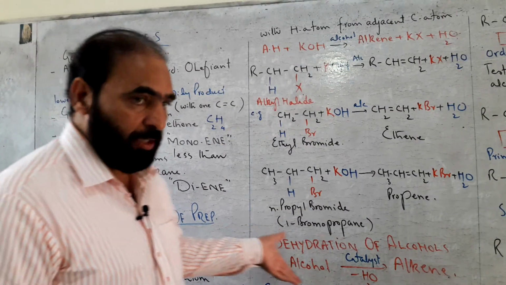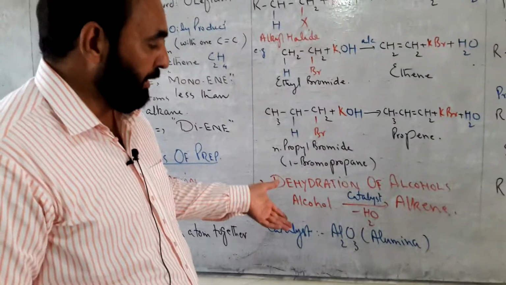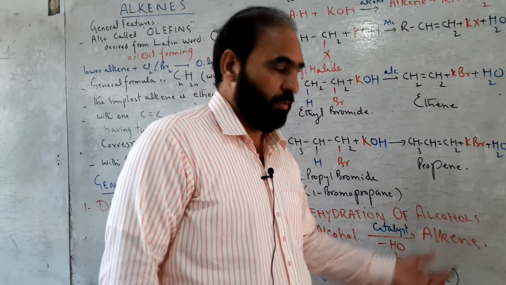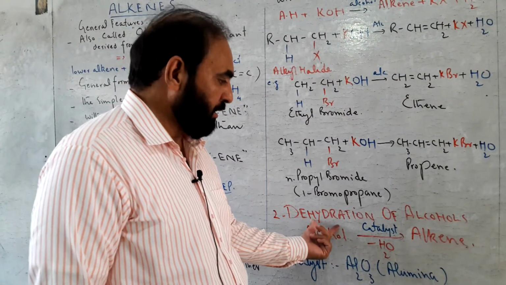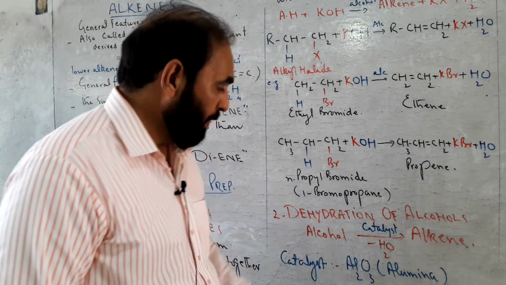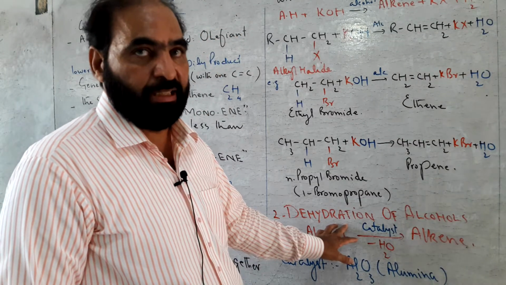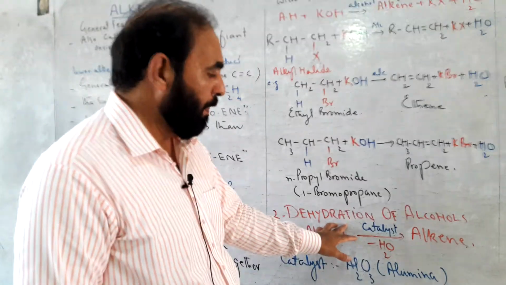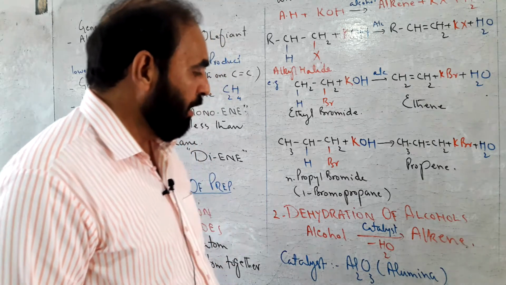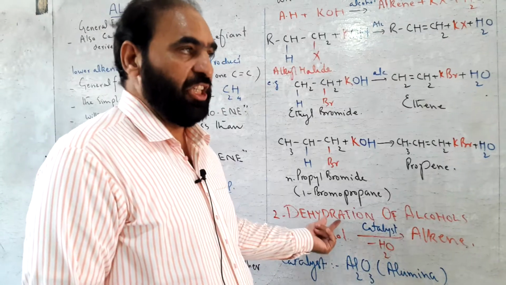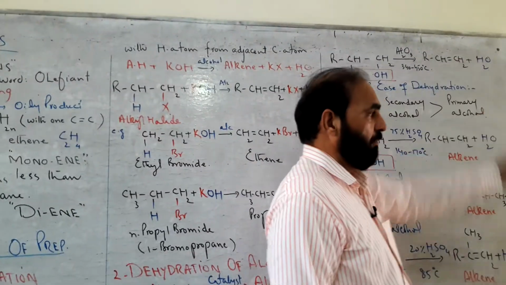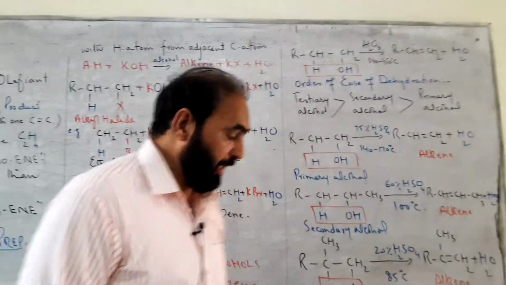The second method for preparation of alkenes is dehydration of alcohol. Dehydration stands for removal of a water molecule in such a way that the OH group is removed from one carbon, and hydrogen is removed from the adjacent carbon, as a result of which the C-C single bond becomes a C=C double bond, and the alcohol is changed to an alkene.